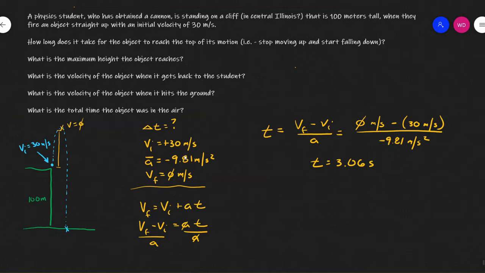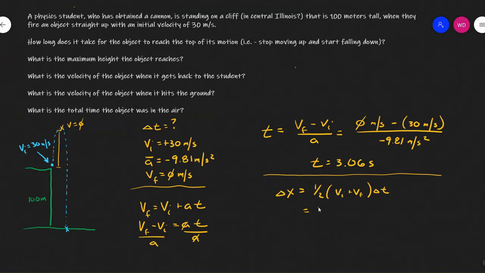The next part is, what is the maximum height that the object reaches? This one's even easier because now I know its initial velocity, its final velocity, its acceleration, and how long it takes to get to the top. So I can pick any kinematics equation that has displacement in it. The easiest one looks like displacement equals 1/2 times V initial plus V final, times change in time.